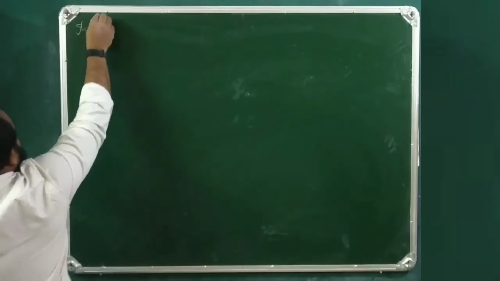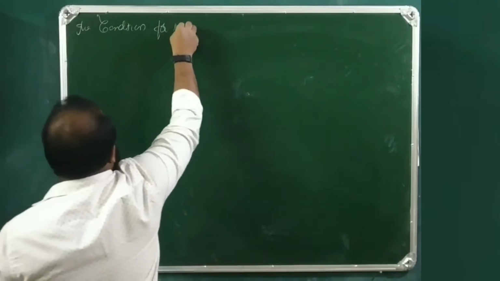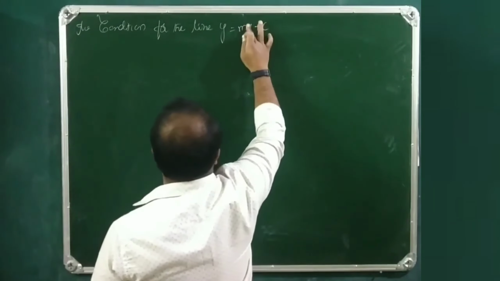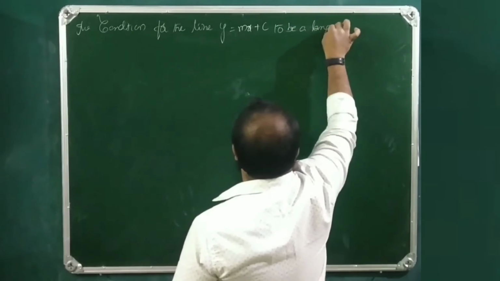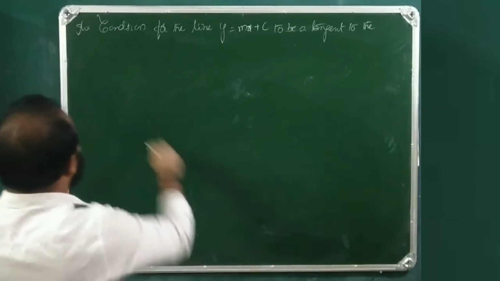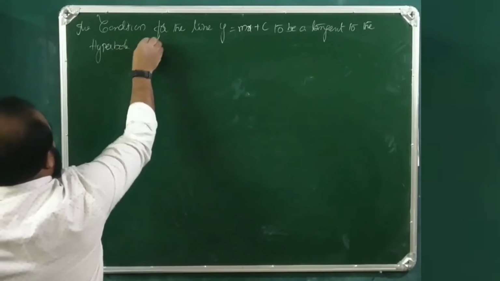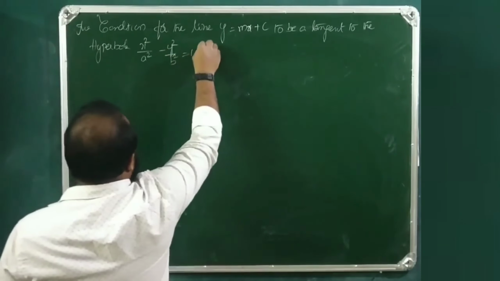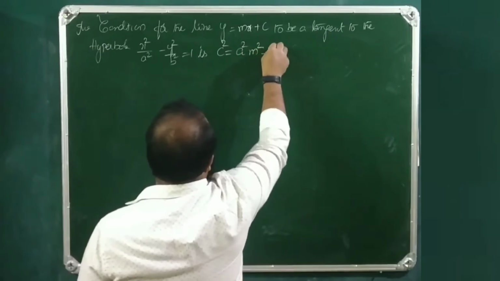The condition for the line y is equals to mx plus c to be a tangent to the hyperbola x square by a square minus y square by b square equals to 1 is c square equals to a square m square minus b square.